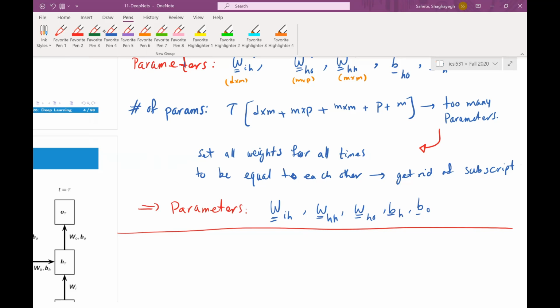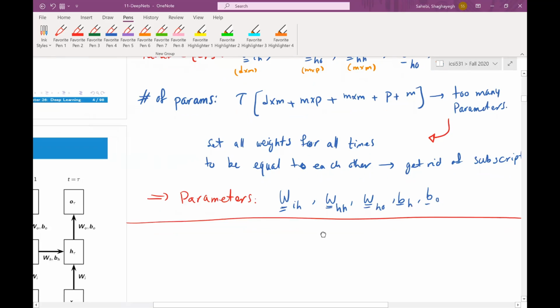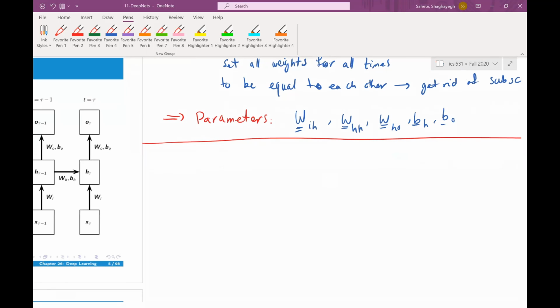So first of all, we said that the value of Zi at time t depends on both the input, so it's a function of both the input xit and the value of Z at time t minus 1, Zi at t minus 1, right?